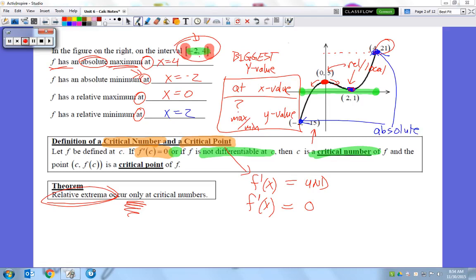So relative are the locals. So if you analyze what this is saying, if I drew some sort of tangent here, that tangent's value is 0 because it's a horizontal line. If I drew a tangent here, that would also be 0. Those are relative. And it says relative extrema occur only at critical numbers.